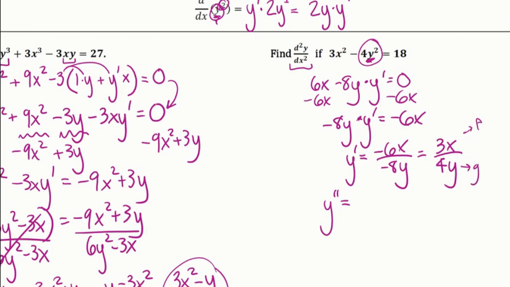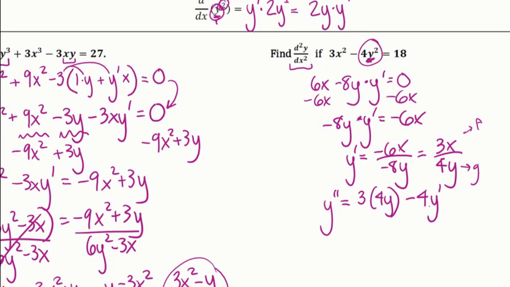So derivative of f is 3 times g, minus the derivative of g, which is 4y prime. The derivative of y is not 1. The derivative of y is y prime. Anytime you take the derivative of y, you should have a y prime left over.